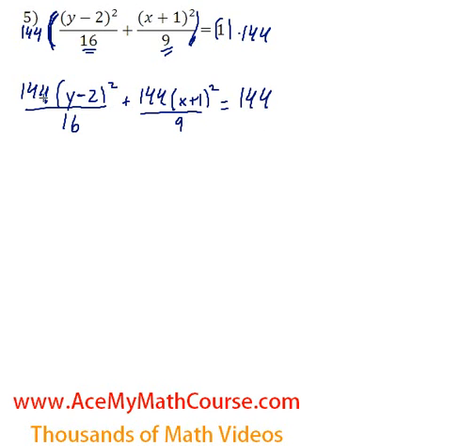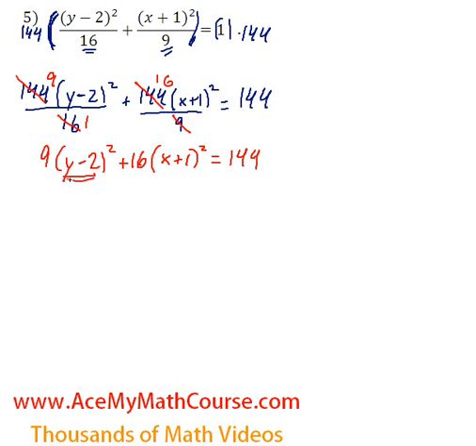Okay, so 144 divided by 16 is just 9. Great, look at that. So now the denominator is just 1, so we no longer have a fraction. Same thing here, 144 over 9 is 16. So we end up with 9 times (y minus 2) squared plus 16 times (x plus 1) squared equals 144.